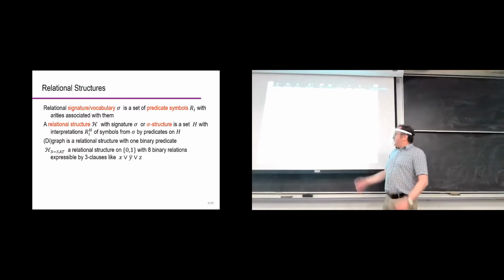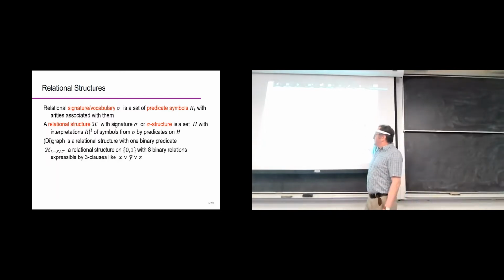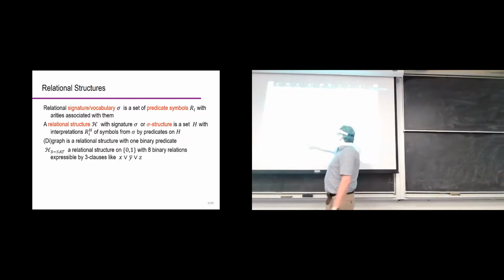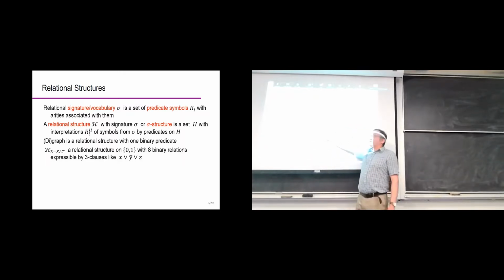Okay, a couple of examples. A digraph is a relational structure with one binary predicate. Let's look at just a two-element set, 0, 1. I introduce ternary relations that are expressible by three-variable clauses. For instance, all assignments to x, y, z that satisfy the clause.